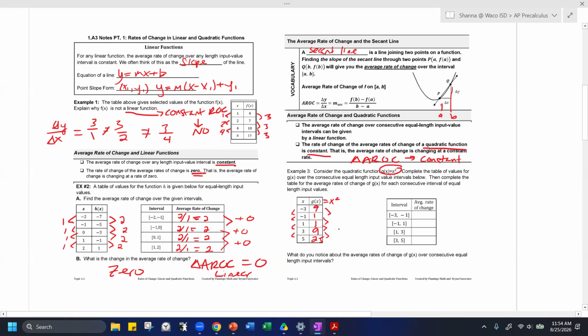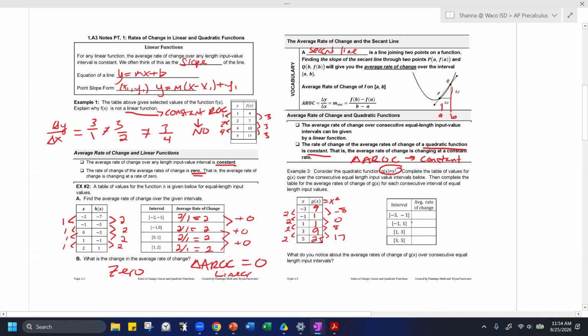Change in my output: 1 minus 9 is -8. 1 minus 1 is 0. 9 minus 1 is 8. 25 minus 9 is 16. -1 minus -3 is going to be 2. 1 minus -1 is 2. 3 minus 1 is 2. And 5 minus 3 is 2.